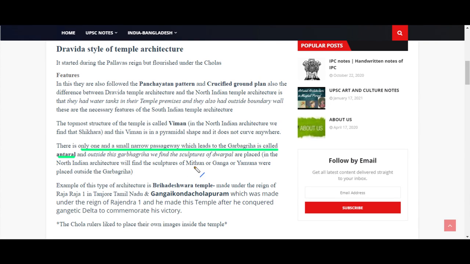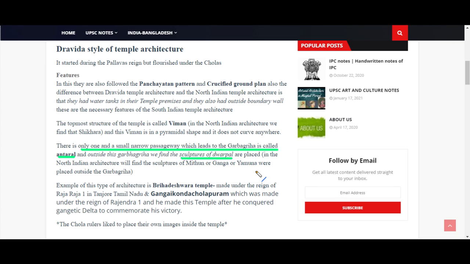Outside this Garbhagriha there were sculptures of Dwarpal. When we compare it with the Nagara style, in the Nagara style the sculptures of Yamuna, Ganga or Mithun were carved, but not in the Dravid style. In the Dravid style the sculpture of Dwarpal was carved.